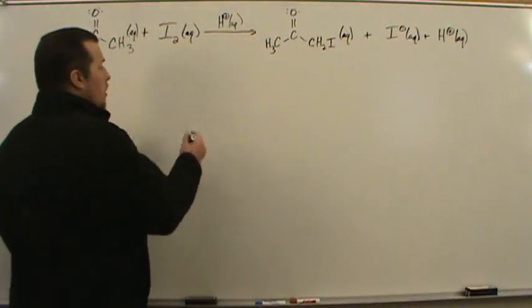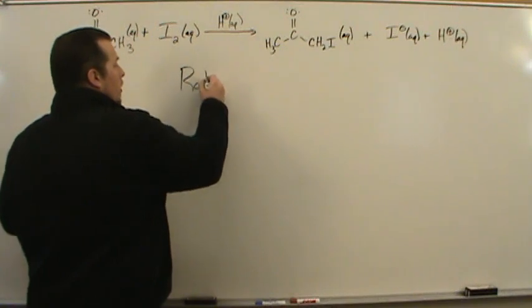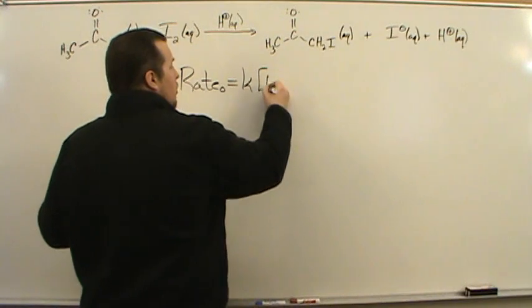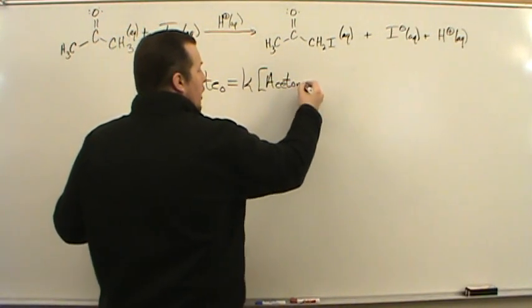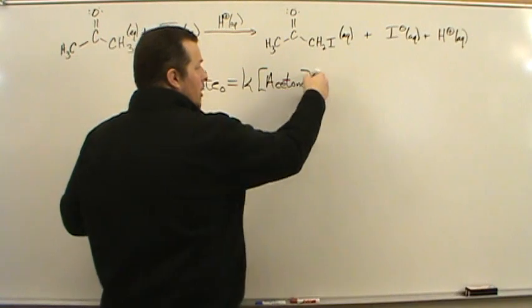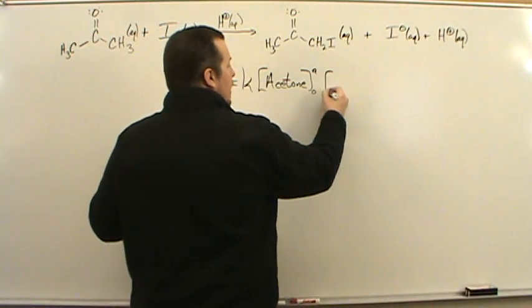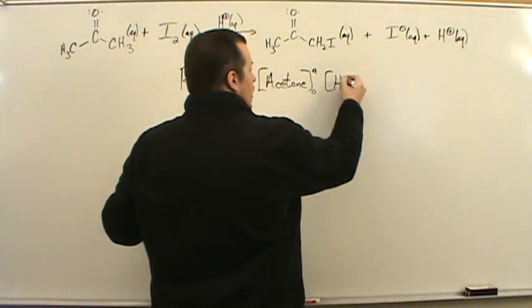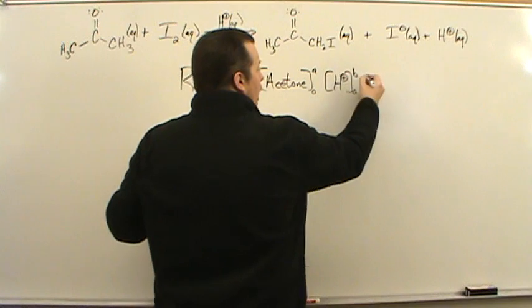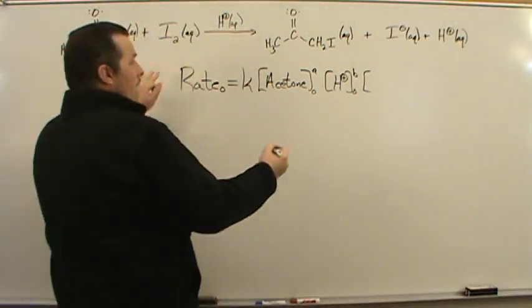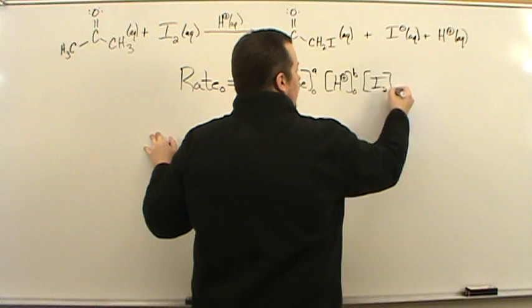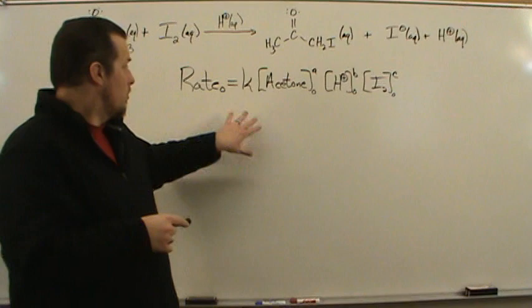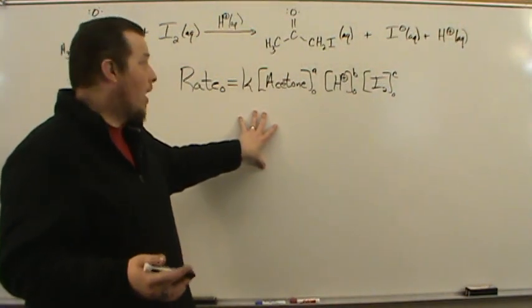So for this equation, the initial rate of the reaction is equal to the rate law constant K times the initial acetone concentration raised to some power, let's call it A, times acid is a reactant, so H plus concentration raised to some power, let's call it B, and iodine concentration raised to some power, let's call it C. So there's our rate law expression. That's what we have to figure out all the values for.